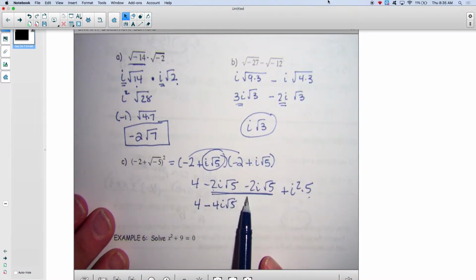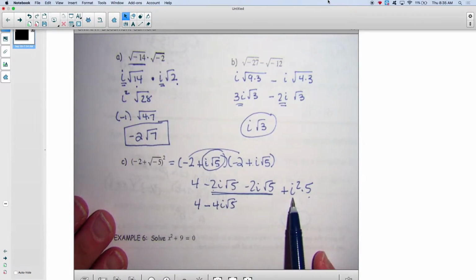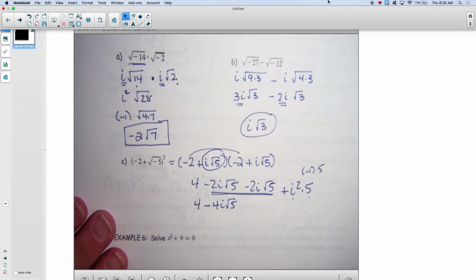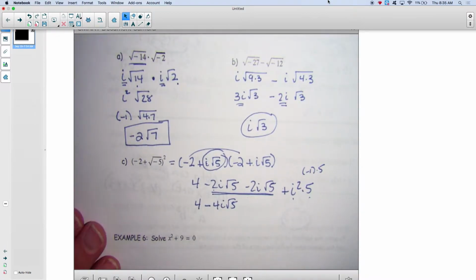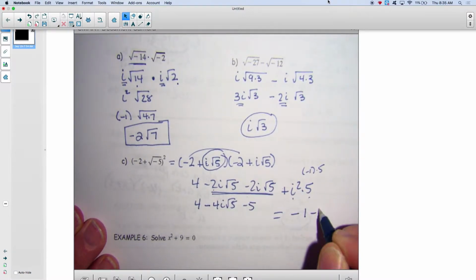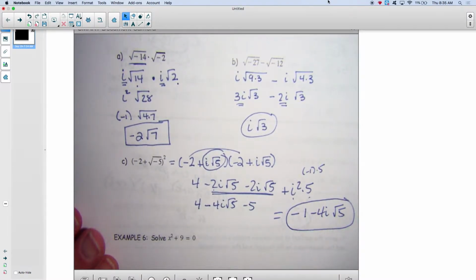Negative 2i minus 2i is negative 4i. i squared is negative 1. Negative 1 times 5, negative 5. And you can now do 4 minus 5.